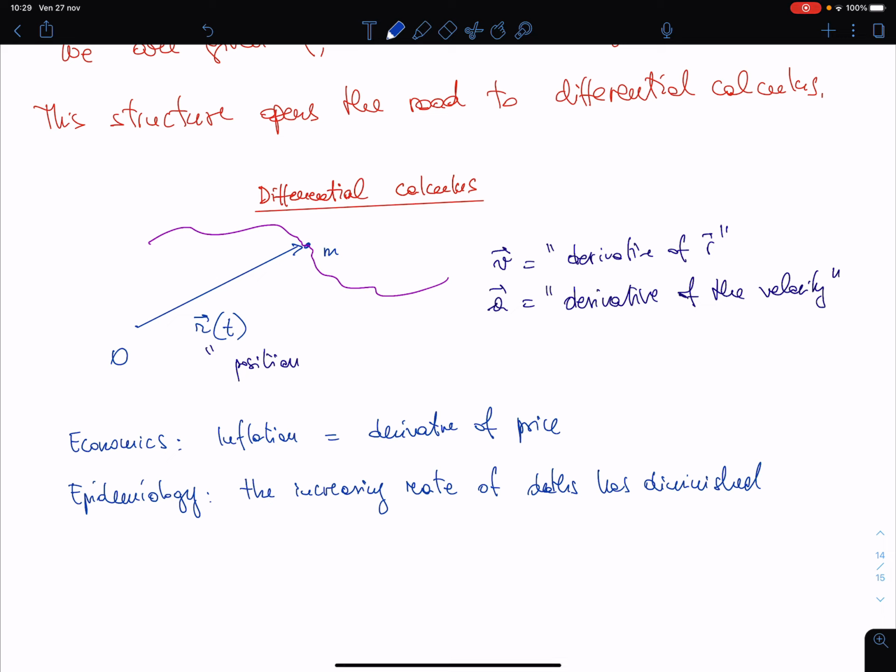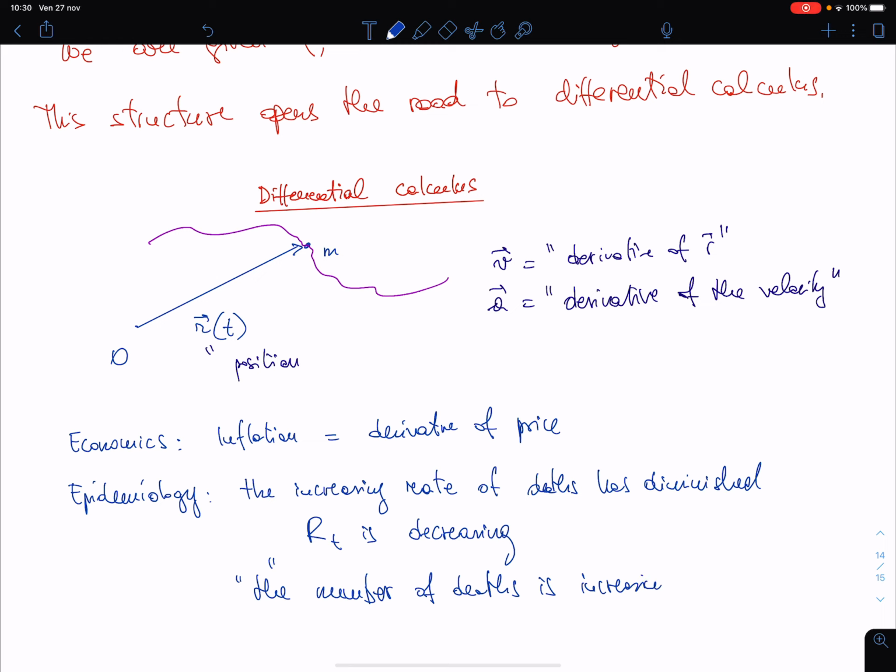This means that the rate is decreasing, but this means that the number of deaths is not decreasing, is still increasing, but more slowly than before.